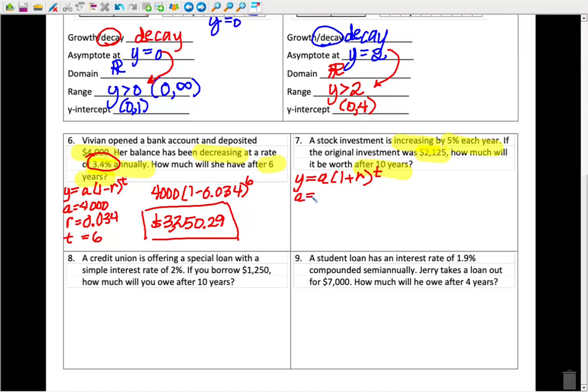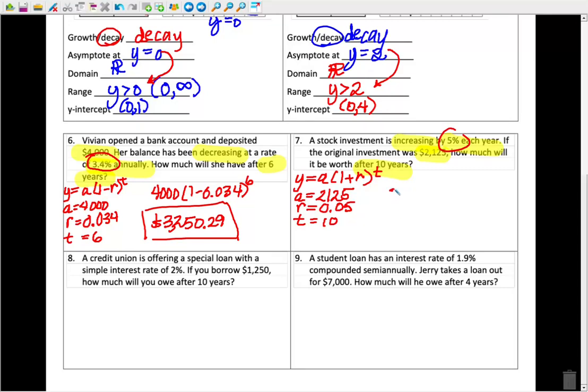My A is my initial amount, $2,125. My rate as a percent, I would just take 5%, move the decimal over twice, and I get 0.05. And the time is 10.